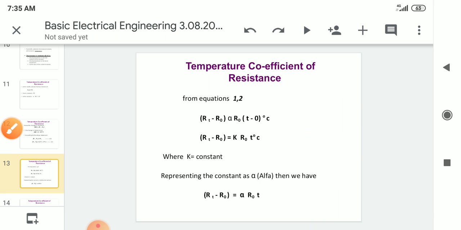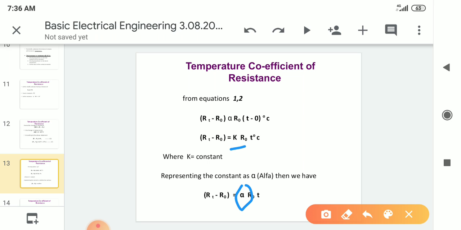Next, from these two relations we write R_T minus R naught is directly proportional to R naught into T minus 0 degrees centigrade. This is a directly proportional relation. Taking a constant K and equating it, this K is replaced with alpha.